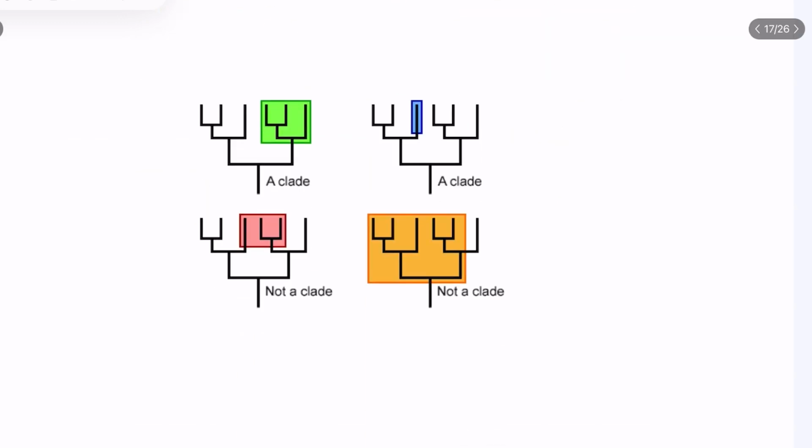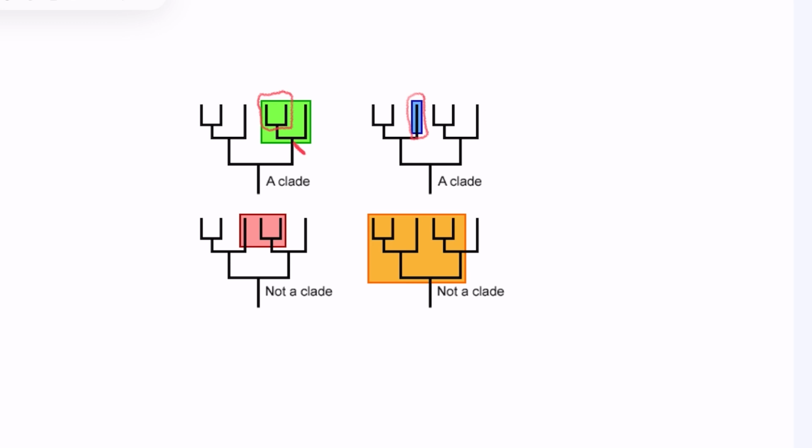Here's another example. This one, the green one, shares a common ancestor here, so we can say it is a clade. If we select this one, we can also say it is a clade.